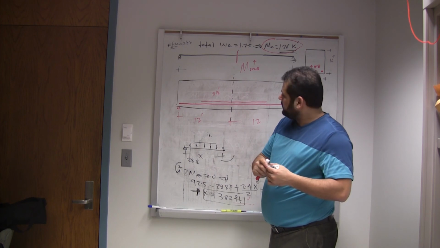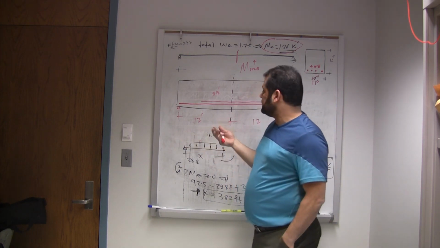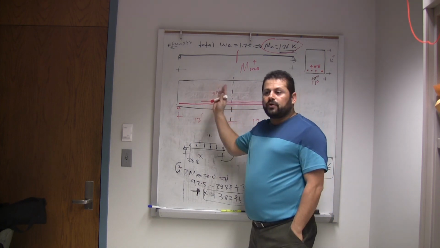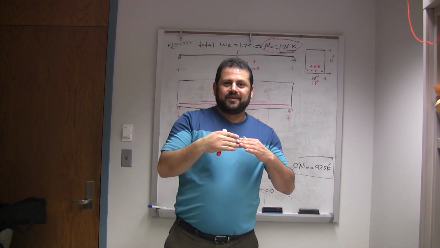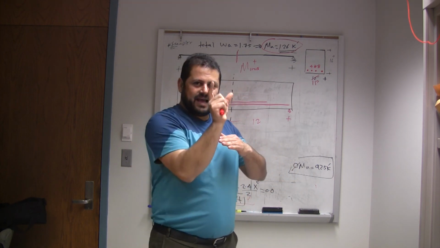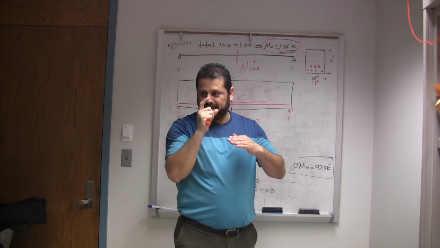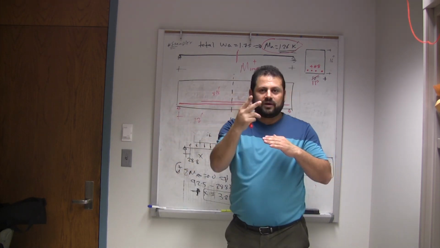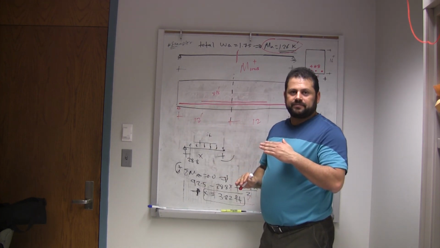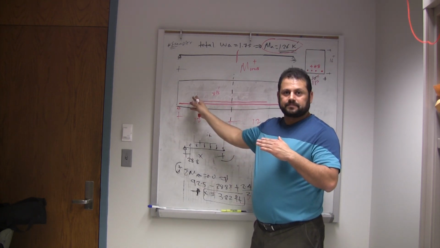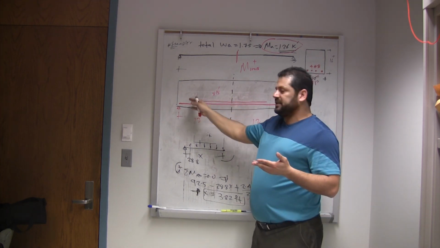Now look, the code says, and I'm going to explain this in the next lecture, that when you no longer need the bars, that's the theoretical cut-off point, and you cannot stop there. There's something called an extension. Add this extension, typically 12 inch or 8 dB, 8 times the diameter of the bar, or 12 inch. So basically you will have to extend 12 inch from here, or 8 dB. If our diameter is 1 inch, that's plus 8 inch here.